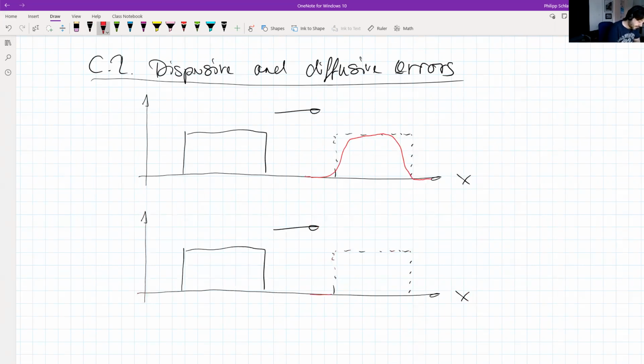And if I have dispersive errors, it would probably be like this. So this was diffusive errors, and these were dispersive errors.